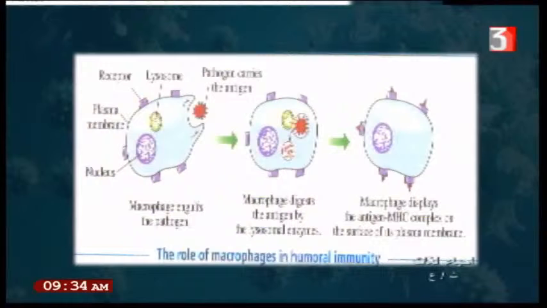This is the pathogen which carries the antigen, and this is the receptor of the antigen. It recognizes it and takes it inside the cell. Then the lysosome combines with it to lyse it, which means killing it. After digesting this antigen by lysosomal enzymes, the macrophage displays the MHC complex at the surface of the plasma membrane.